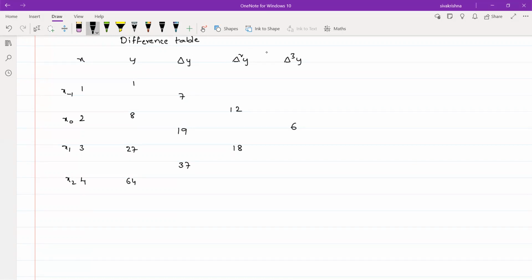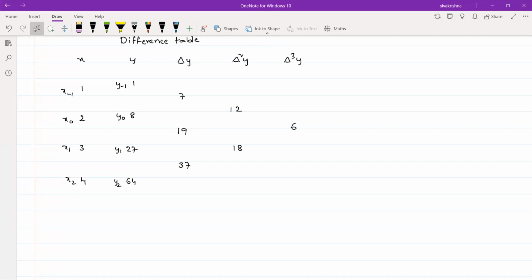Since we have only one value, I have written x suffix minus 1. Suppose we had another value, then we could write it as x suffix minus 2. Since this is x suffix minus 1, the first value of y is y suffix minus 1. Whenever 2 is treated as x naught, the corresponding y value is y naught. In the same way, this is y1 and this is y2.